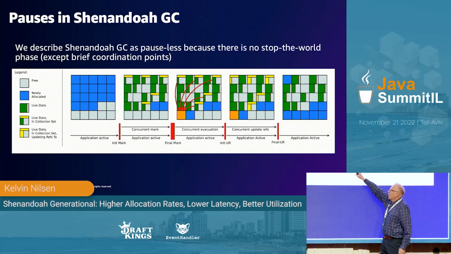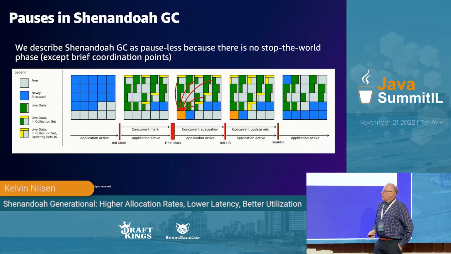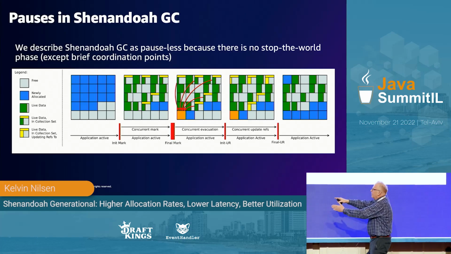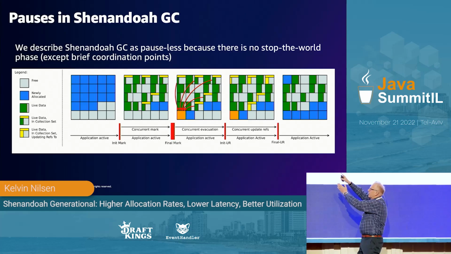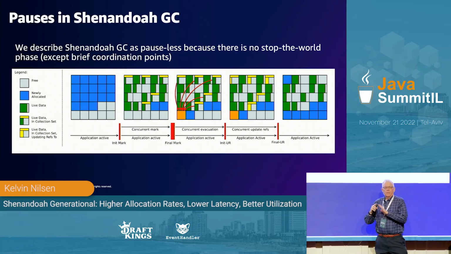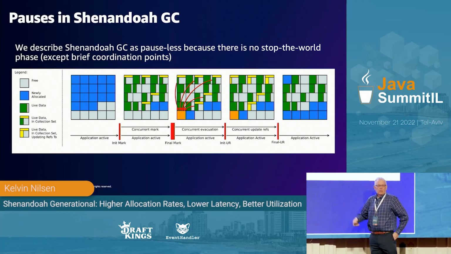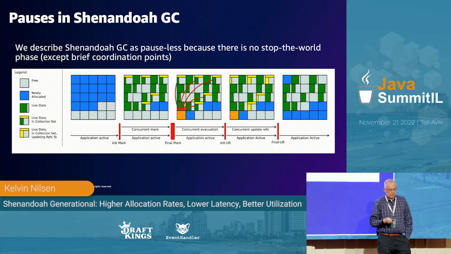We call that the update references phase of garbage collection. So we find the live data, we relocate the live data to contiguous locations. That leaves a bunch of regions that have been evacuated. They are fully empty. We've reclaimed all that memory. Then we update the references to the objects that have been moved.